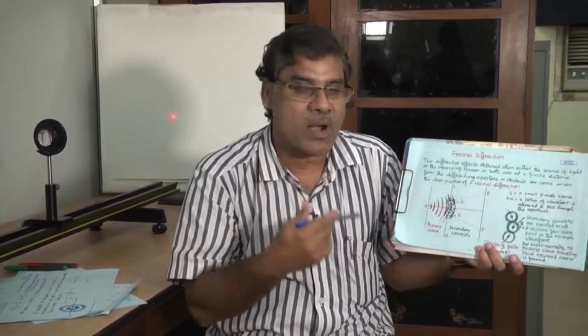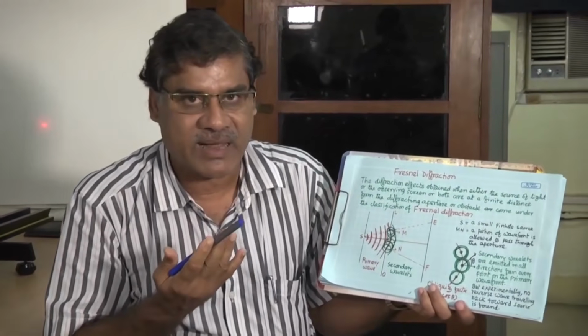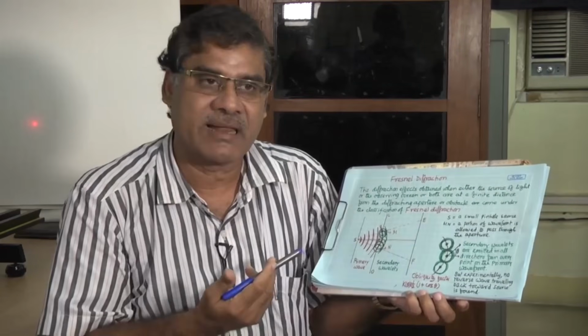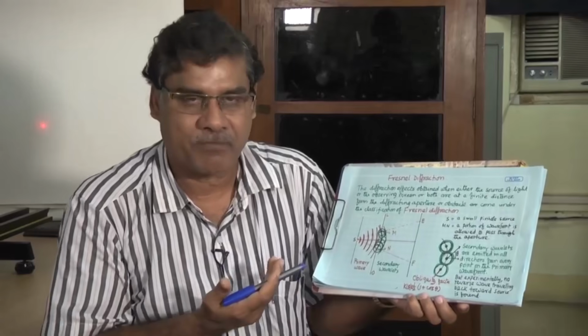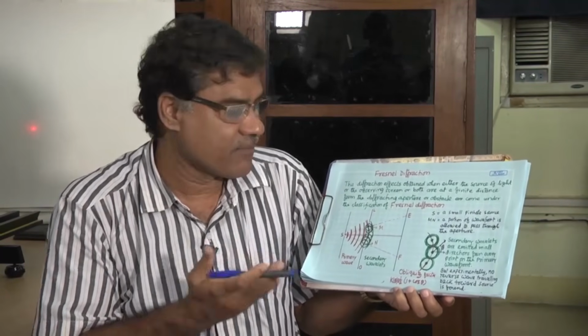This zone plate is working like a convex lens. This is basically a diffraction phenomenon.